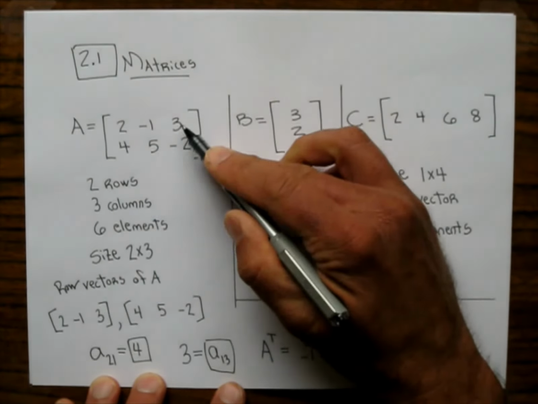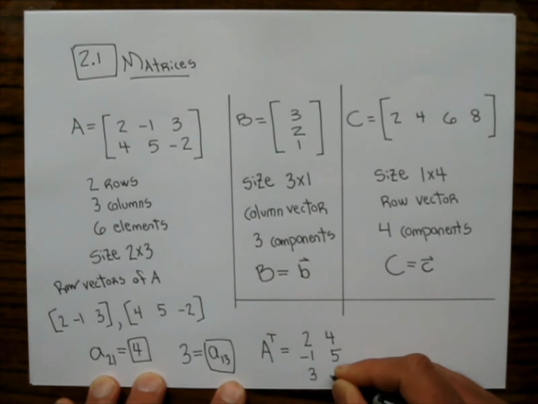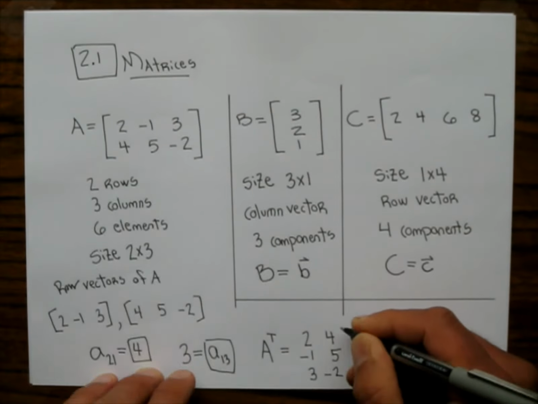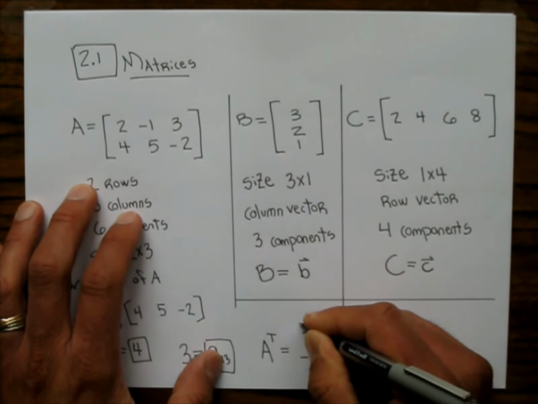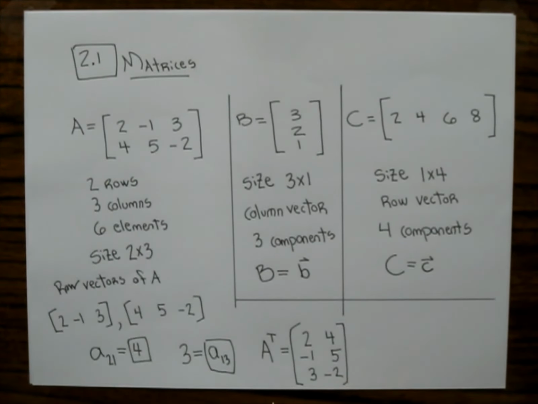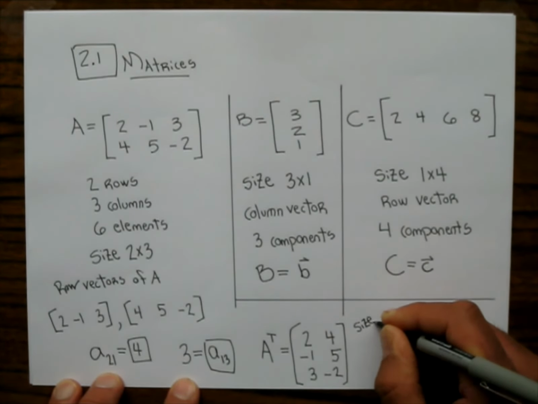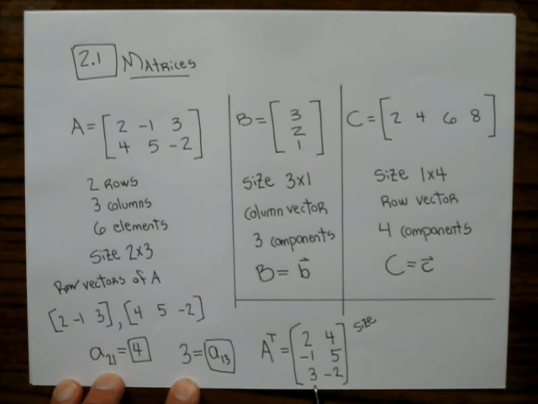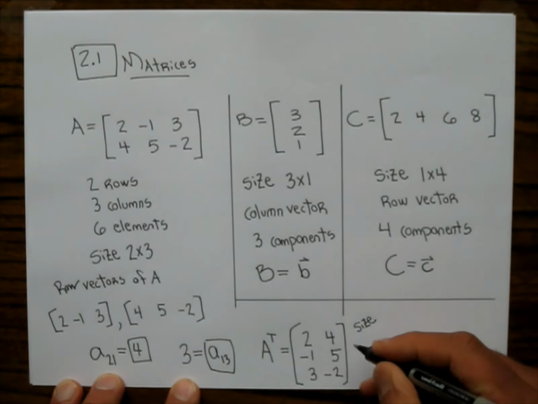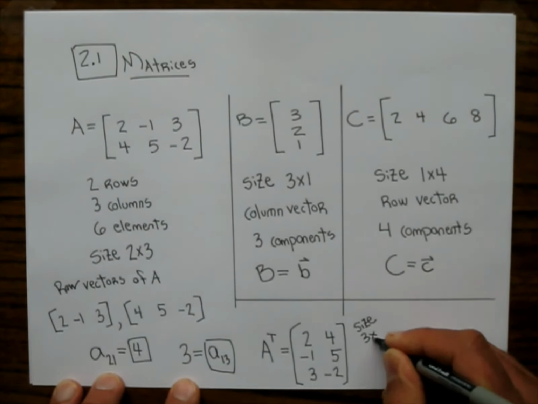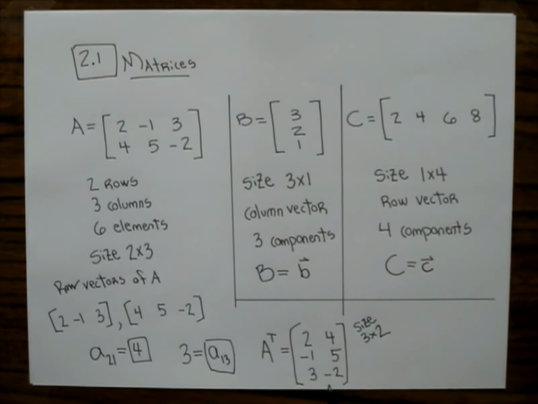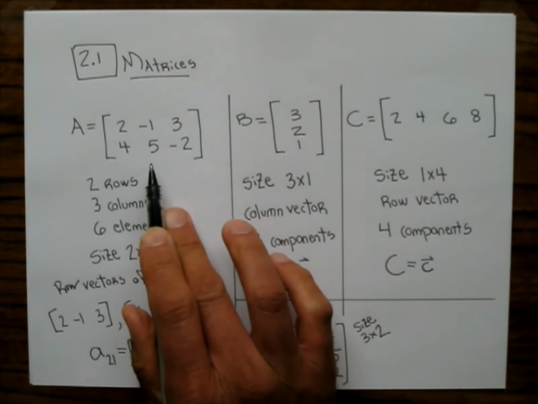And then the third one is 3, -2. And so there's the transpose. The transpose has size 3 rows and 2 columns, so this is 3 by 2.